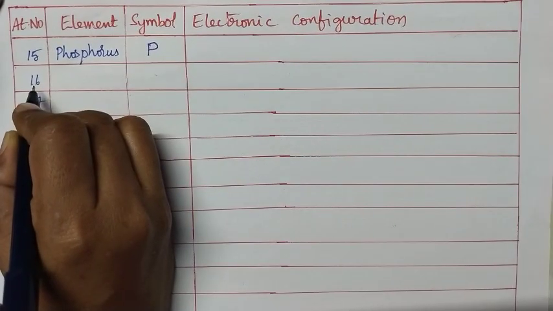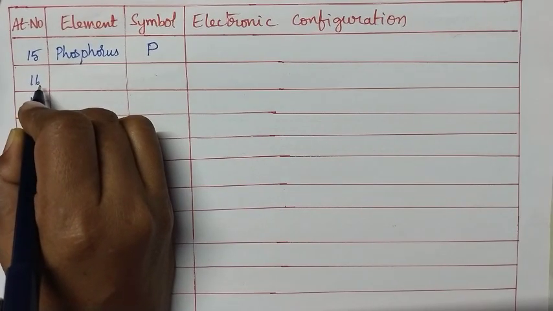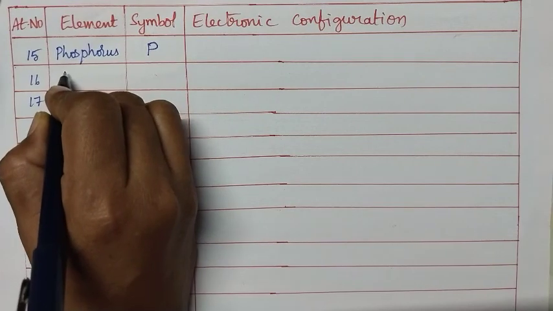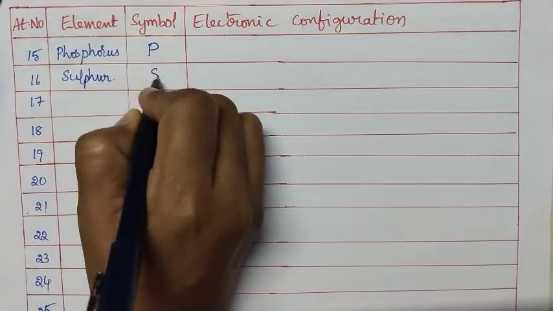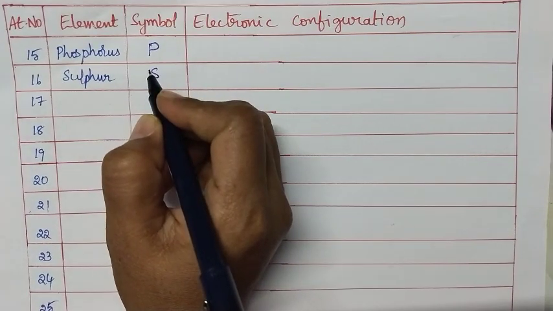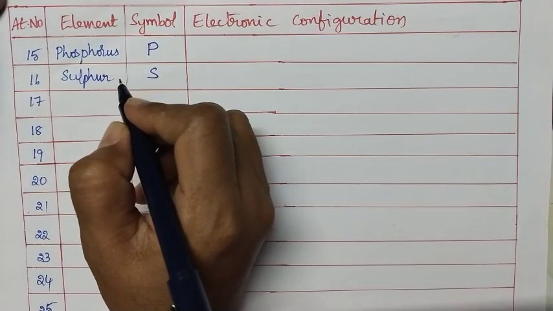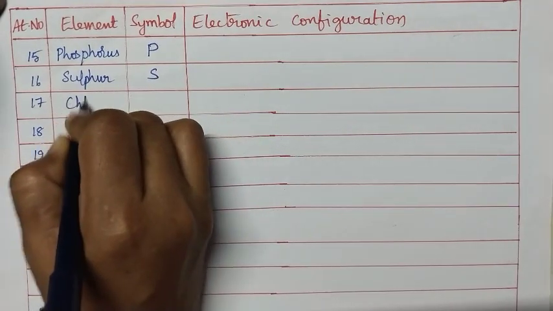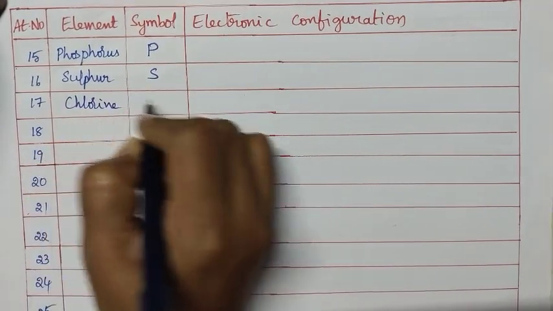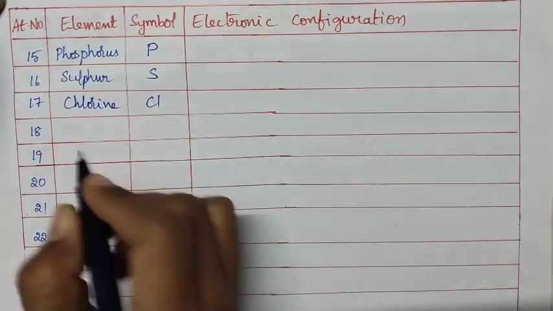And coming to the 16, so if the atomic number is 16, the element is sulfur and its symbol is S. Next, coming to the atomic number 17, the element is chlorine and its symbol is Cl.